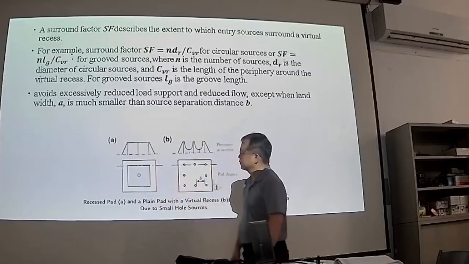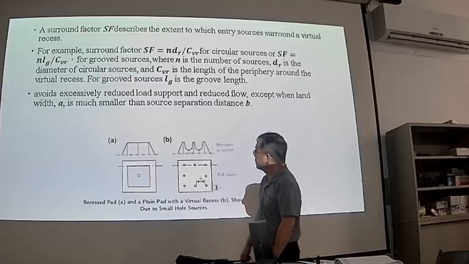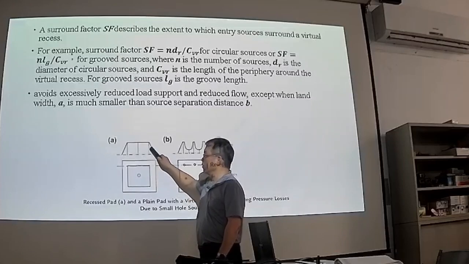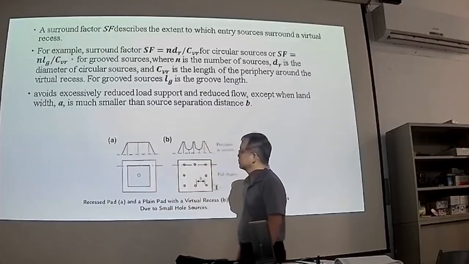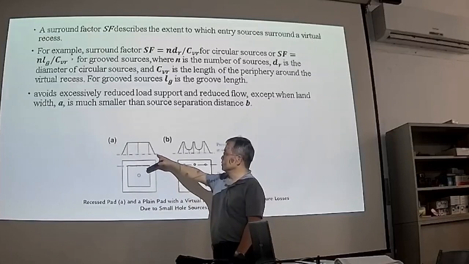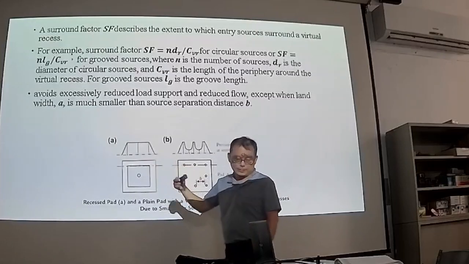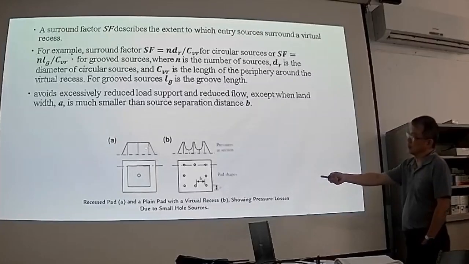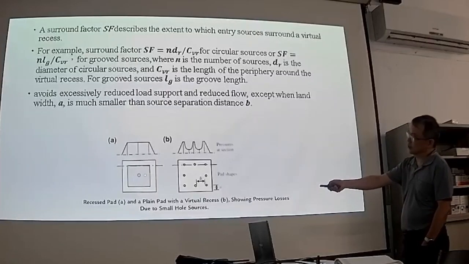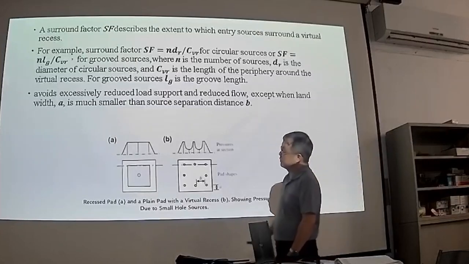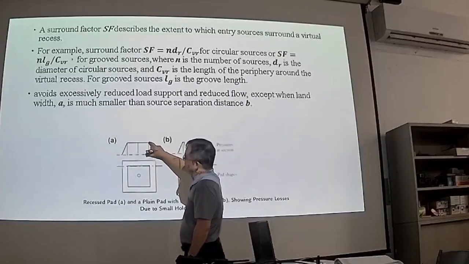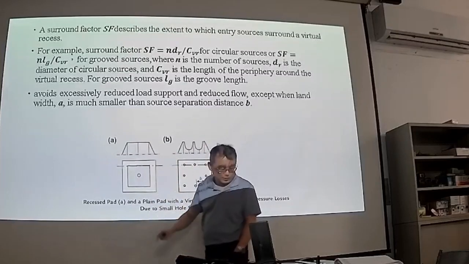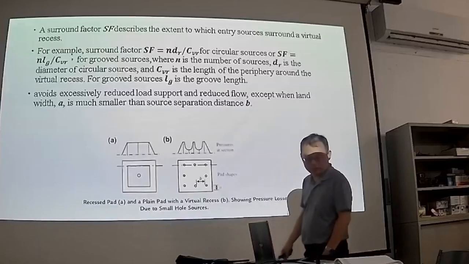This is the pressure distribution for your bearing height. From the edge, the pressure is equal to the ambient pressure, relative to zero. And here in the center, inside the recess, the pressure for the recess is called the PR.